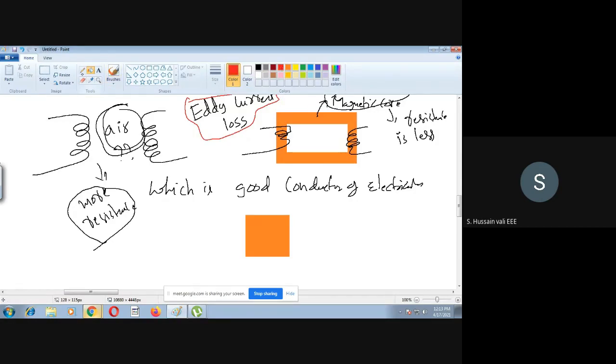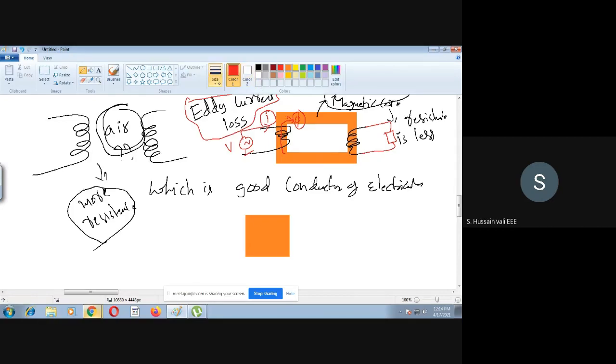You connect a source to the primary winding, and there is a load. When you connect the source, some current will flow, and because of this current some flux will travel in the magnetic core, and that flux is a variable flux. Why? Because the voltage you are supplying is a sinusoidal supply. So voltage is sinusoidal, current is also sinusoidal, so flux is also sinusoidal. So when the sinusoidal flux is going here, it goes something like this.